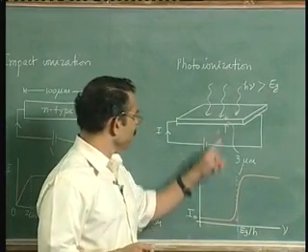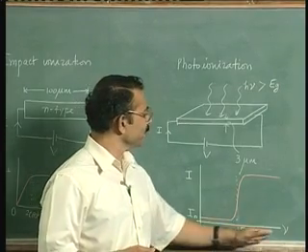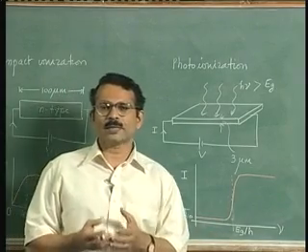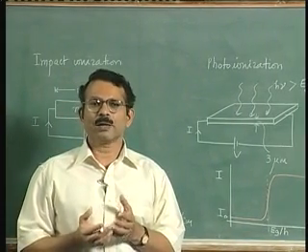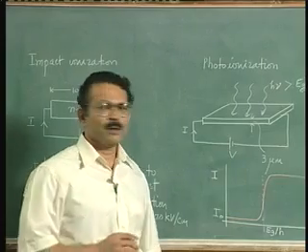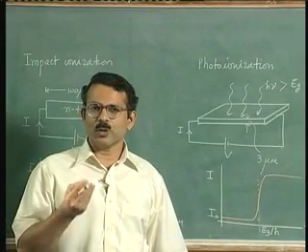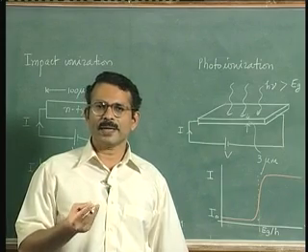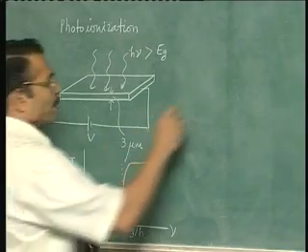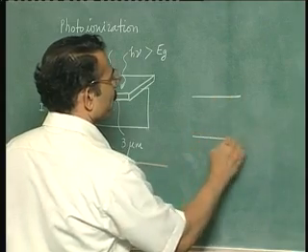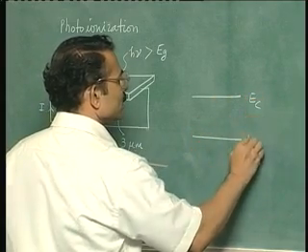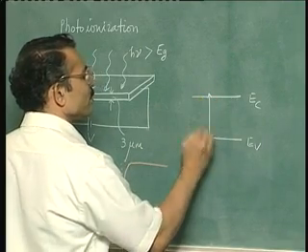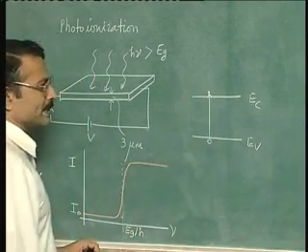Now if the energy is more than Eg, that is if your frequency is more, then the number of electron hole pairs will not increase, okay, but what will happen is that the extra energy over and above the energy gap that the photon has will be dissipated as heat, something as follows. So you look at the energy band diagram, this is Ec and this is Ev. The energy required for an electron to jump from valence band to conduction band and create an electron hole pair is Eg.